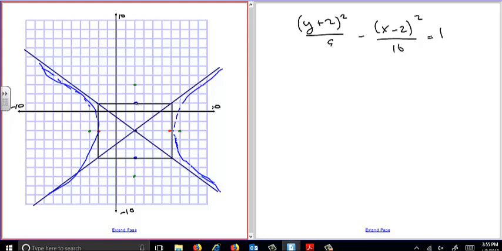We start here at this. Now these are the vertices along the transverse axis, and then it comes over here and approaches this asymptote and goes to the left and does the same thing. It approaches this asymptote, and here you come from this asymptote down through this point and then go over here.